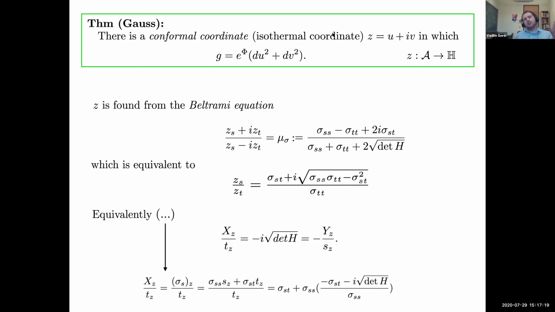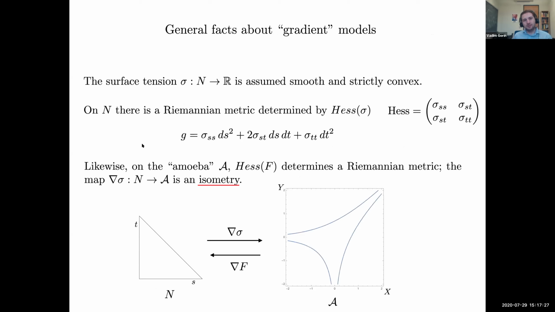Rick, the theorem of Gauss, you apply it to the coordinate system on the triangle? Yes. Yeah, so you can think of, on this triangle, there's a certain conformal coordinate z. So you can think of z as living in some maybe disk or upper half plane, and z is a map from the triangle to the upper half plane.